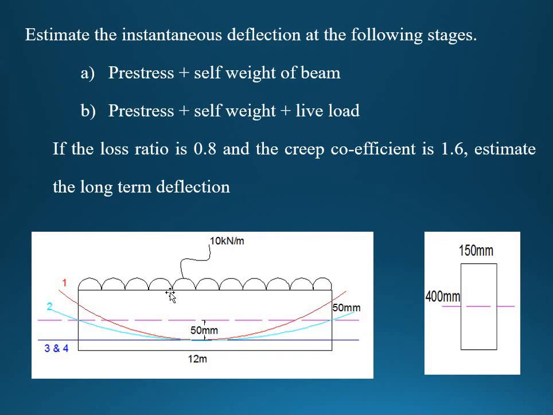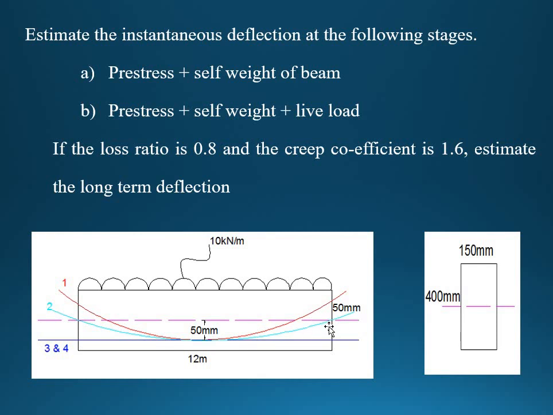Till now whatever I have explained, I have just drawn and I have shown here. You can observe here the red line indicates it's the first cable. The first cable should be like this, 50 mm at the support and at the center 50 mm. Again, for the second cable, eccentricity is 0.